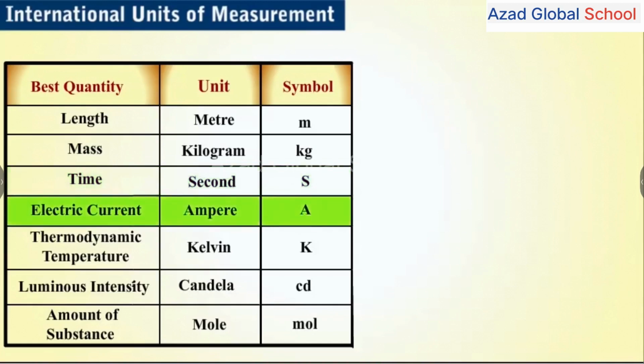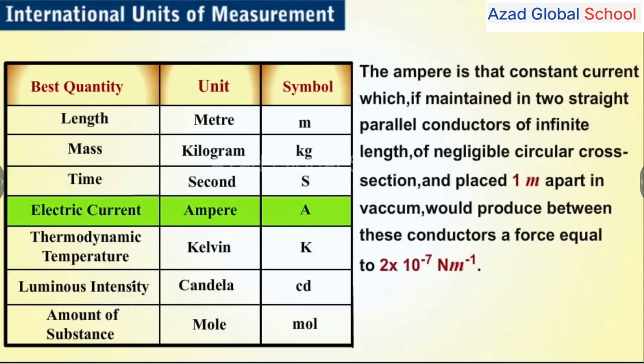Electric current is measured in ampere, denoted by the capital letter A. An ampere is that constant current which, if maintained in 2 straight parallel conductors of infinite length, of negligible circular cross-section, and placed 1 meter apart in a vacuum, would produce between these conductors a force equal to 2 multiplied by 10 raised to the power minus 7 Newton per meter length of the conductor.